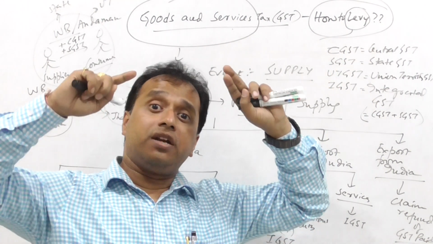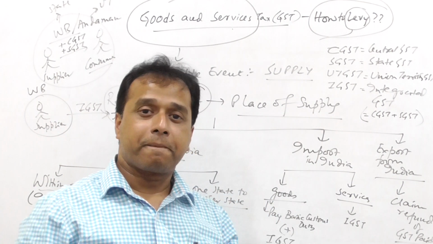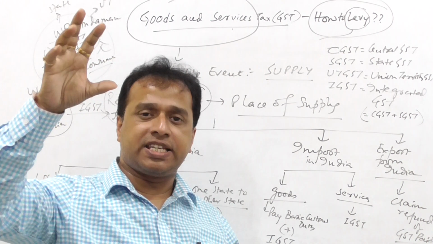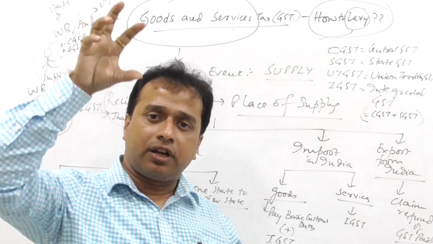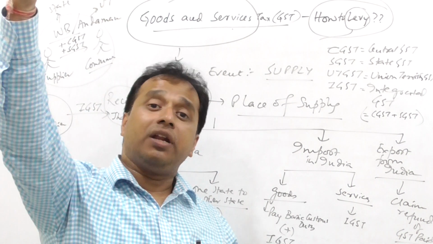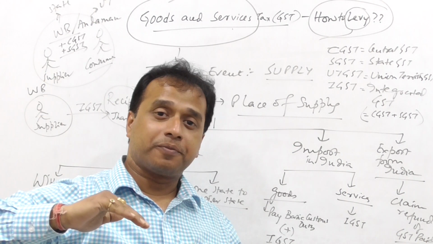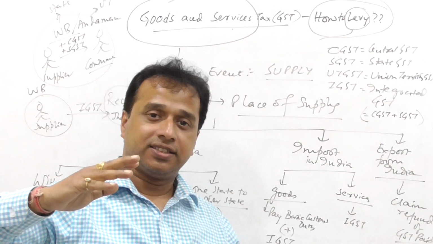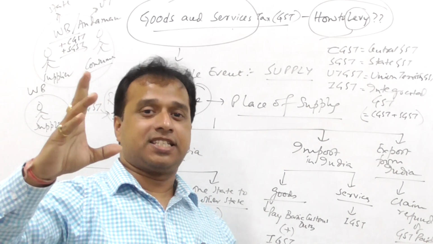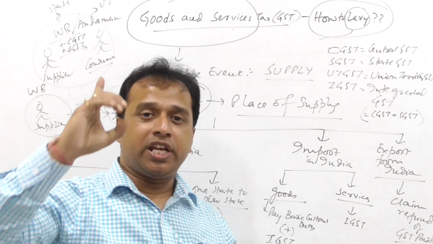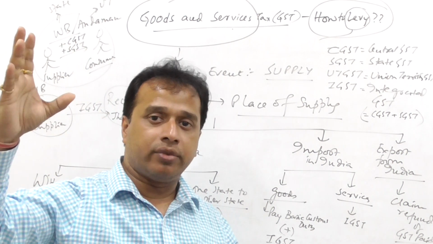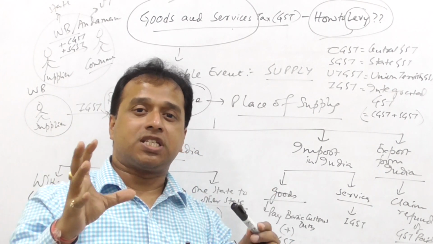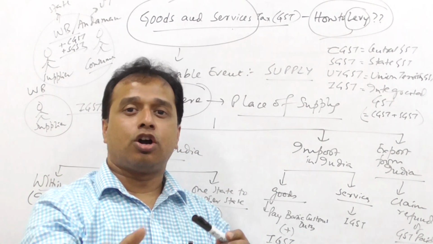CGST will be retained by the center, but about 55% of the CGST collected from a particular state will be given back to that particular state. This is a policy between the center and the state. So, under GST, it becomes very, very important for the central government, even the state government, to know from which state this tax got collected.